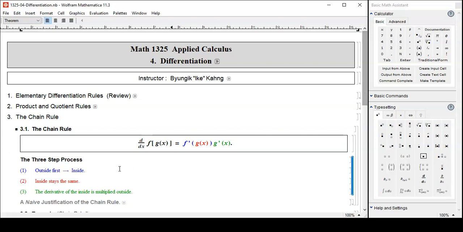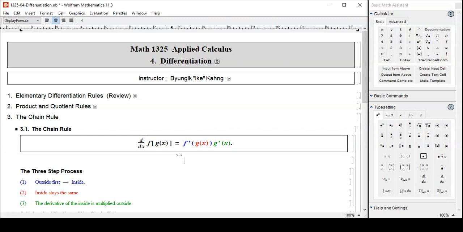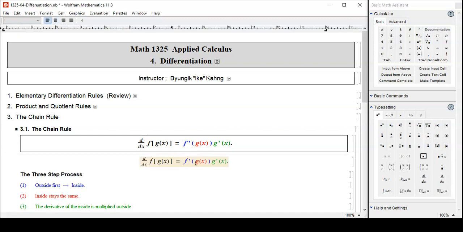Now, step 2, inside stays the same. This red part stays the same. So this will be wrong. This will be wrong. Inside is not the derivative, it stays the same.